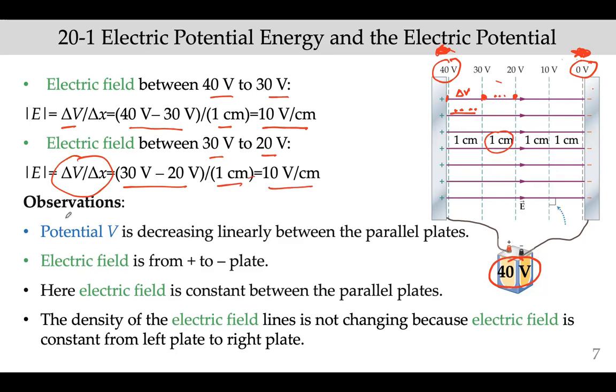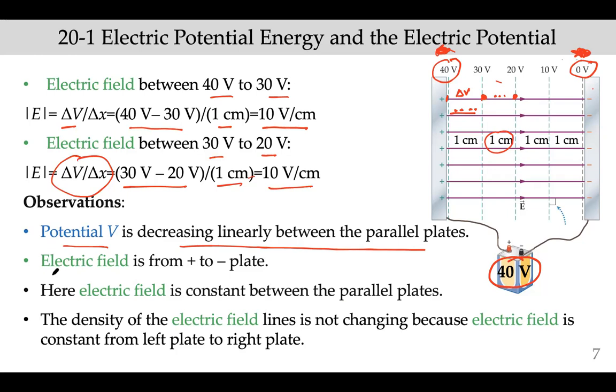Now, let's make a couple of observations from here. First, potential V is decreasing linearly between the parallel plates. If you have a different setup, not parallel plates, but maybe curved plates, it could be different. But for parallel plates, the potential is decreasing linearly from 40, 30, 20, 10, and 0.